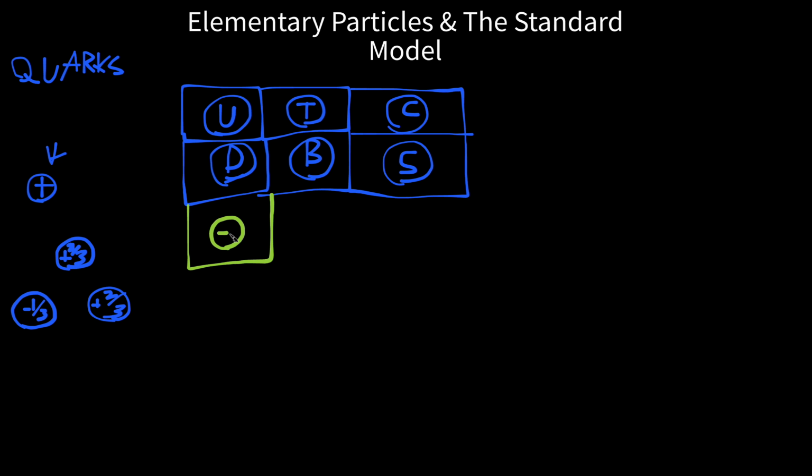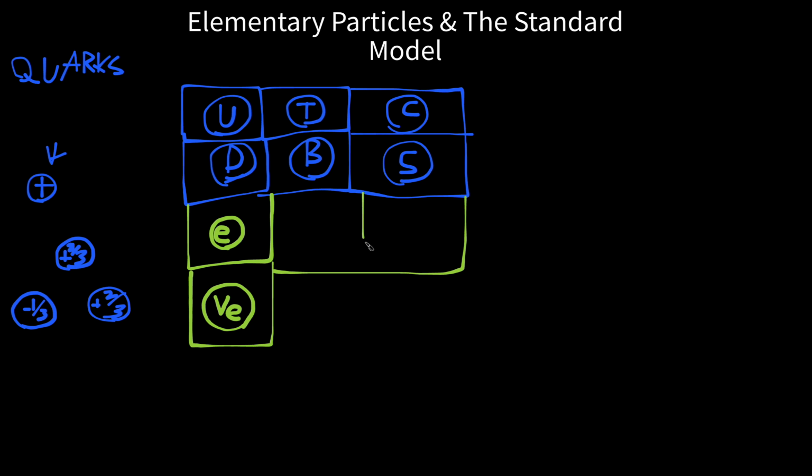Of course, we have electrons, but we also have neutrinos, which are special because they don't have antimatter pairs like other particles do. So you will also have an electron neutrino. As for the other leptons, you will have muons, represented by the Greek letter mu, and hence you will also have a mu neutrino.